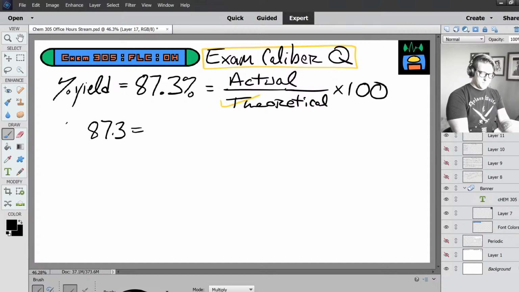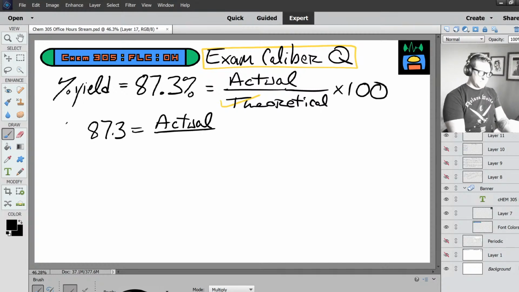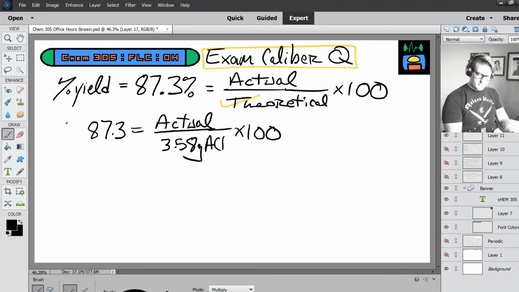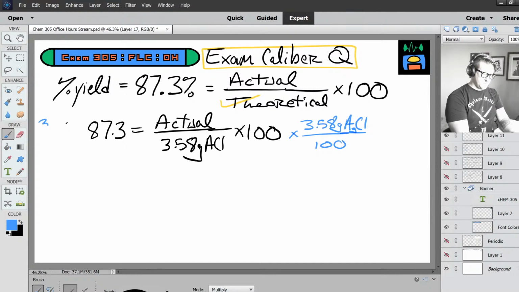87.3 is equal to actual yield over, where was that? 3.58 grams of silver chloride times 100. So we want to multiply both sides by 3.58 grams over 100.